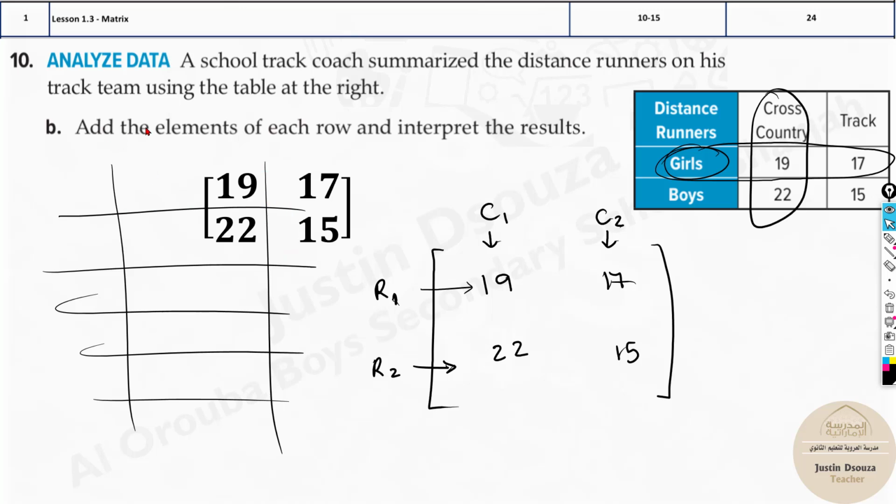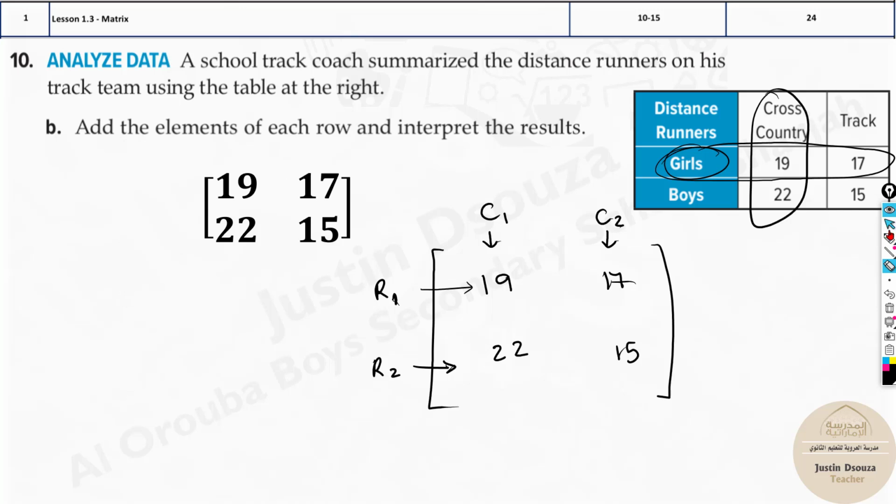Now what is B? Add the elements of each row and interpret the results. Now we just interpreted it a while ago, but now let's add them up. Each row. What you do is add these up. So it'll be 19 plus 17 and the second row is 22 plus 15. So over here it'll be 36 and over here it'll be 37.